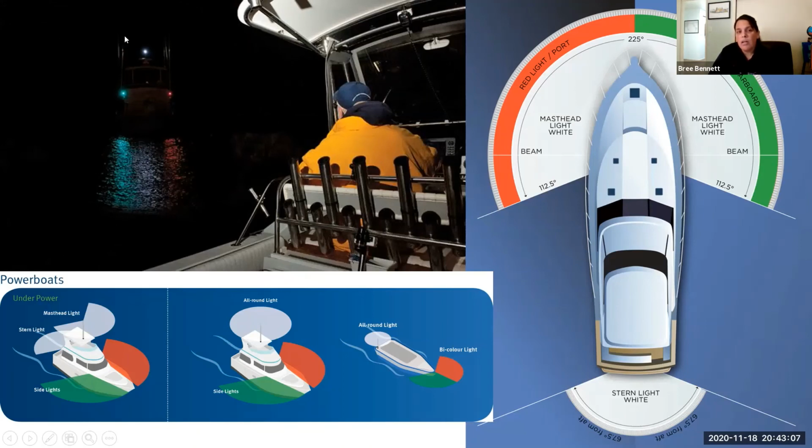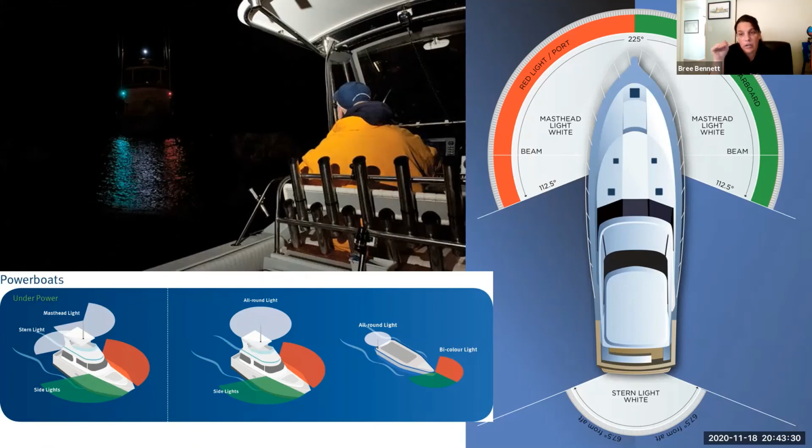So depending on what lights you are looking at, here's a boat and we see both the green and the red and the white. That means that boat is head on, pointed directly at us. If we just see a white and a red, we're only seeing the port side.